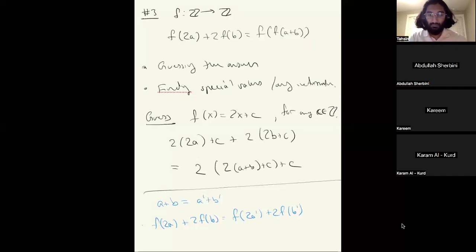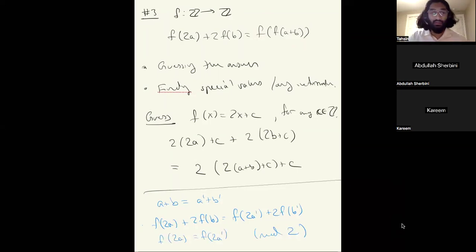We can put together like terms and prove that f of 2a minus f of 2a prime is 0 mod 2. Okay, great. So maybe all even numbers have the same parity, right? Or the function on all even numbers has the same parity. This is true.